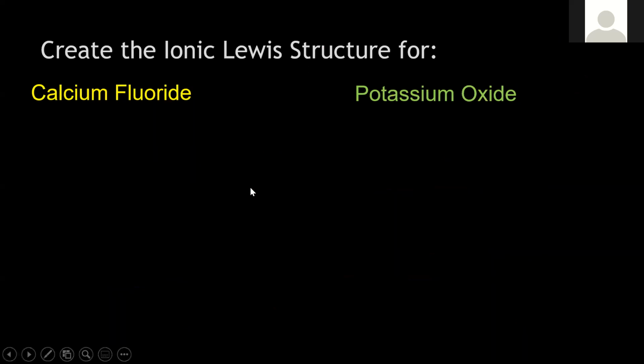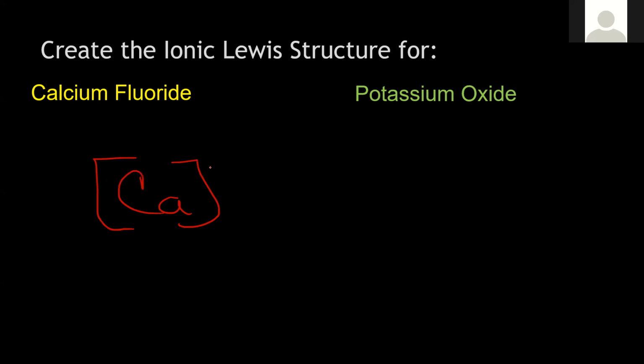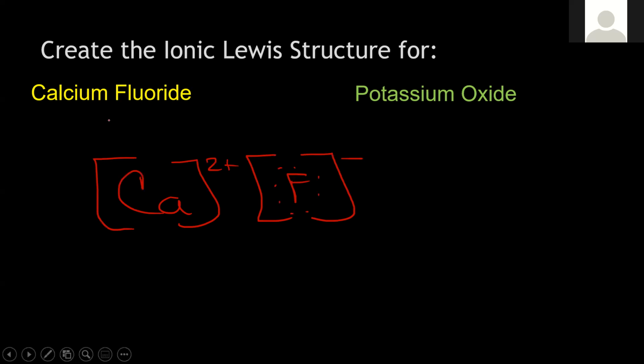Okay, let's look at another. So calcium fluoride. Calcium's in group 2, so its ion would look like this. I'm just going to draw the ions for you so you can focus on the other part of the problem. Okay, fluorine is negative, so it has 1 minus. So what would I have to do to make this balance? Because right now, 2 plus and 1 minus leaves me with a positive 1.